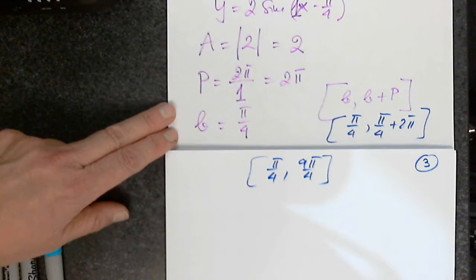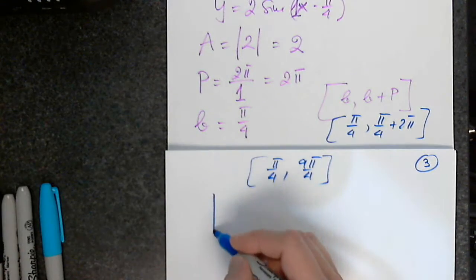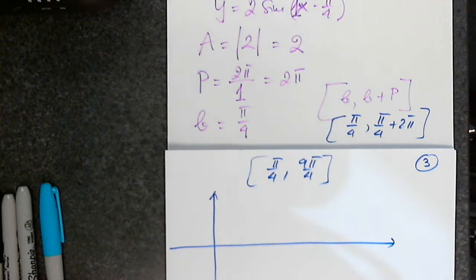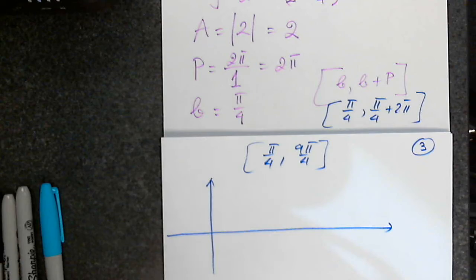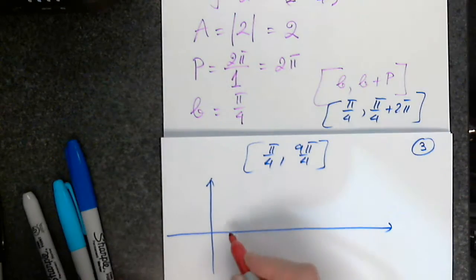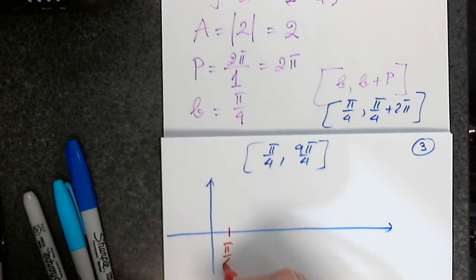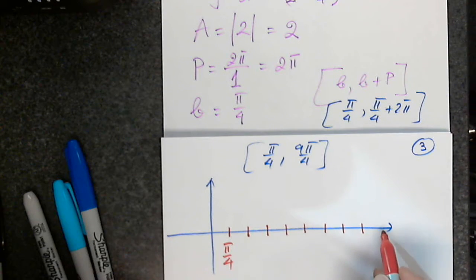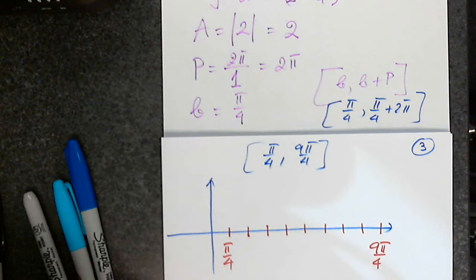I'm going to attempt the graph by hand, and then I will check my work with the graphing calculator. So here's what I do. I start at pi over 4, 2 pi over 4, 3, 4, 5, 6, 7, 8, 9. 9 pi over 4.